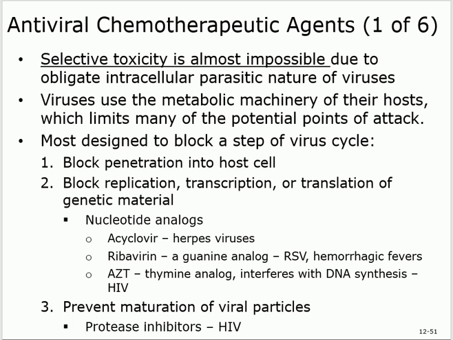In order to modify this, you're using some sort of protease to mature, and then when they mature, they leave the cell. As it is maturing, you can use another medication like protease inhibitors. They work for the HIV so that the virus is not going to mature. Did you get how to target the virus now? Preventing them from entering, preventing them from working on the DNA and RNA, or preventing them from maturing.